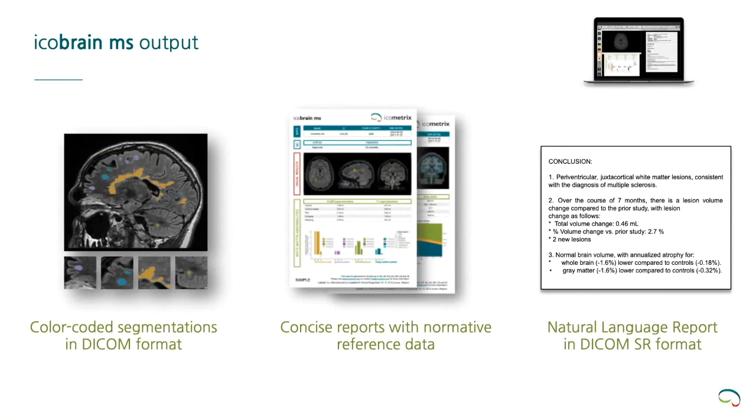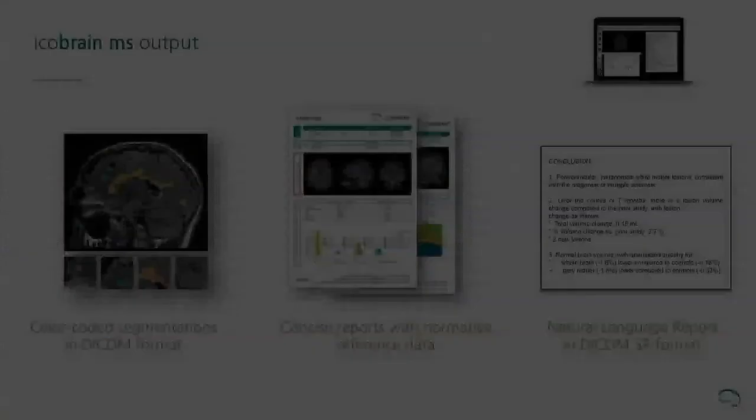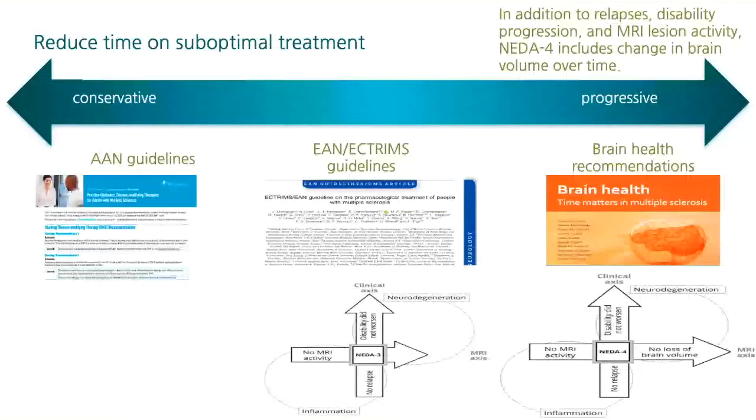But today we will focus on the clinical side of the use of icobrain MS, and I want to shortly touch upon the recent guidelines that have been published. On the left of the slide, you see the most conservative guideline, published by the American Academy of Neurology. In the middle, you see the guideline published by the European Academy of Neurology together with ECTRIMS, the MS society in Europe.